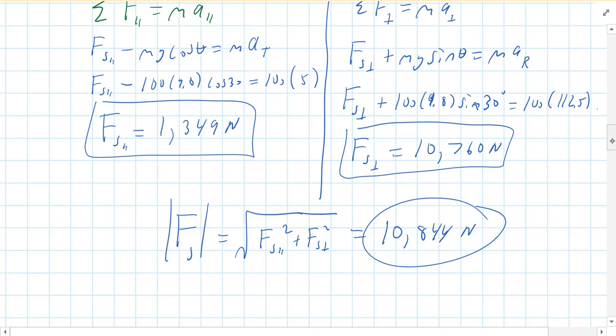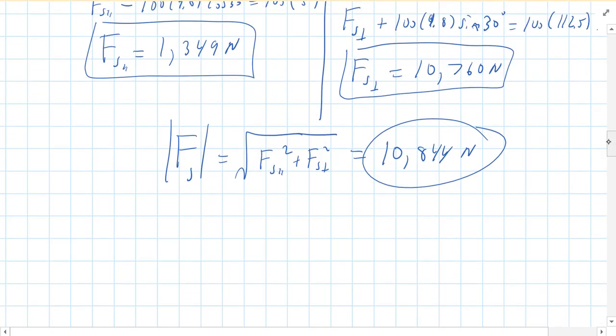Okay, so that's the total amount of force the seat exerts on her. You could also find an angle. The parallel component, that's your 1349. Your perpendicular component is 10,760. This angle here is 30 degrees. You could find this angle here, okay, by inverse tangent of 10,760 over 1349.